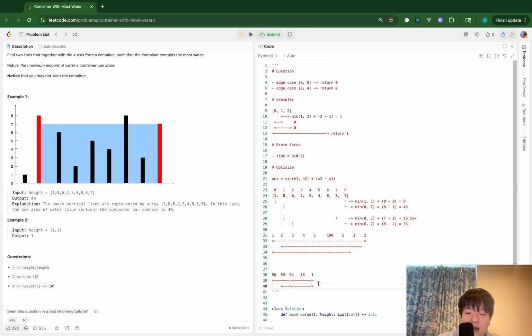So what I can say is maybe I'm doing the redundant shrinking process here and here. Once I calculate this, the amount of water which can be stored here, at least for this one, I can't compare which stores more water.